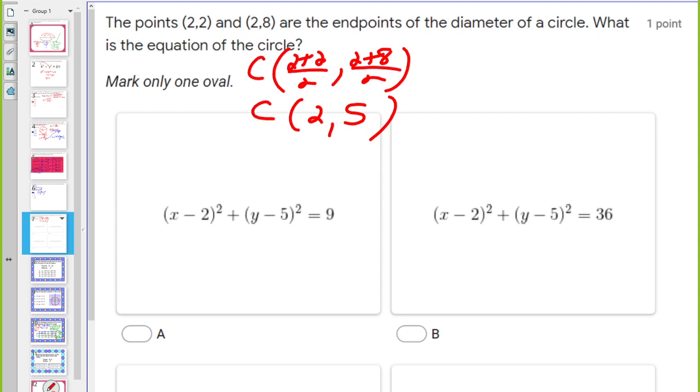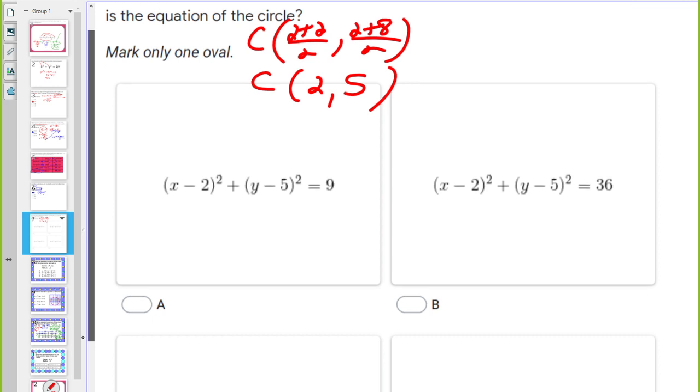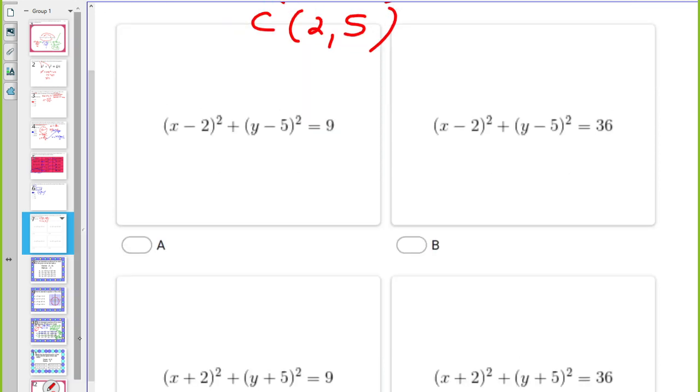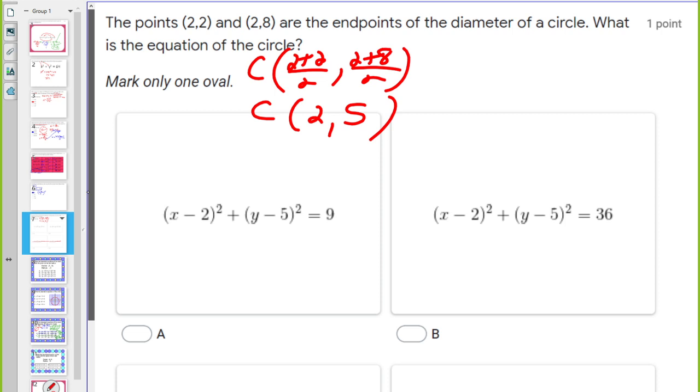It looks like the first two have that center. The last two don't. So I'm not picking one of those last two. I need to now find the diameter and then cut it in half, and then square it. So distance formula says subtract the x's. Zero's like my favorite number.